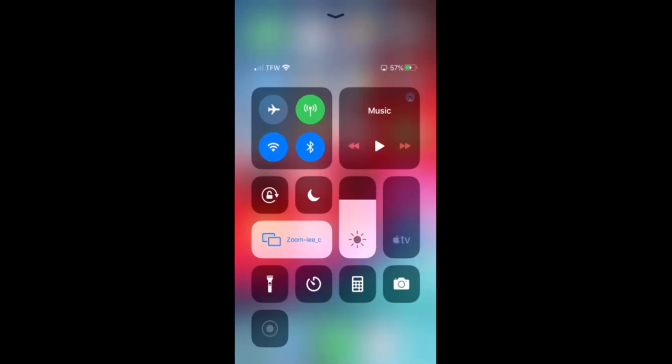Okay, well, I'm horizontal on the phone like I want to be. There's the screen lock. Oh, I see what you're saying. But it's not showing that on the screen.